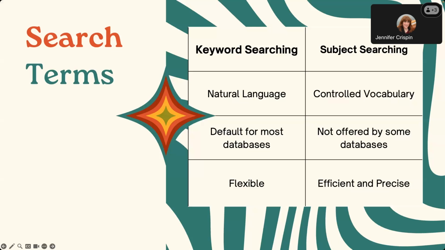This type of searching is not offered by some of our databases. They just prefer for people to just keyword search everything. But when you do have access to it and you do know which terms to use, it can be very efficient and precise. And depending on what example topics you give me when I'm doing the demonstrations, I might be able to show you subject searching versus keyword searching.